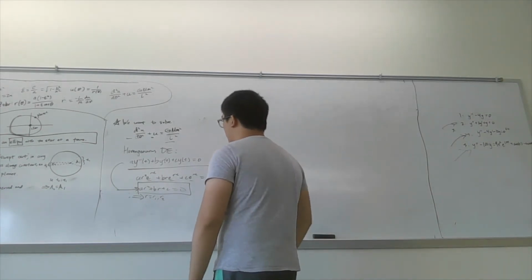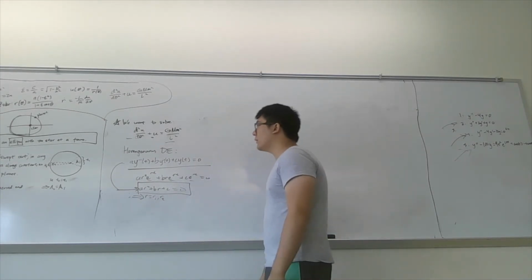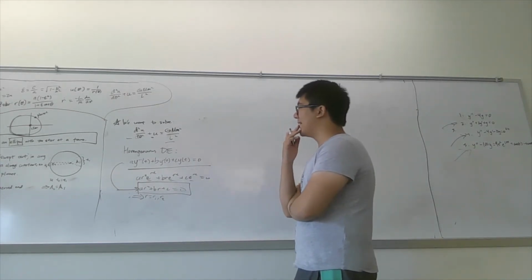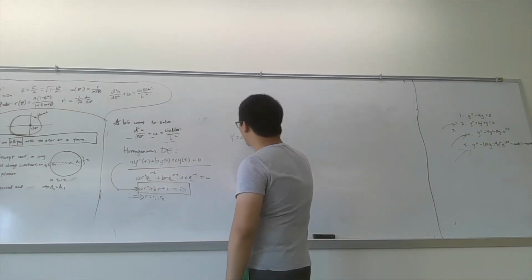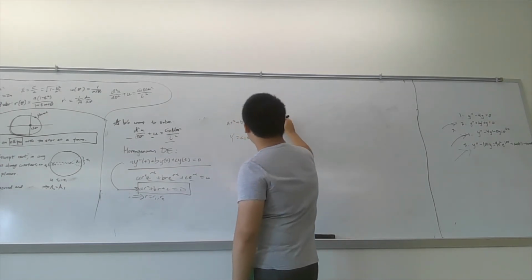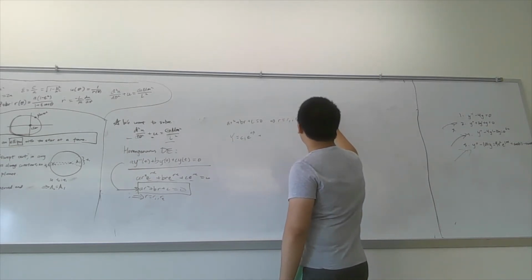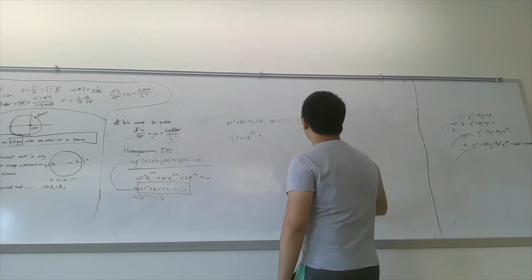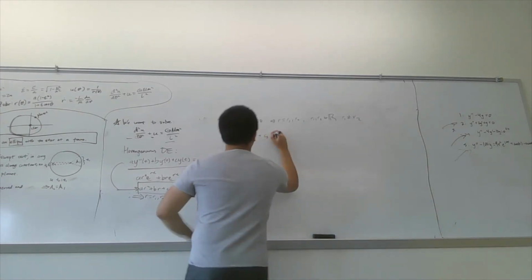This is honestly very trivial. This is just y equals c1 e^(r1 t) plus c2 e^(r2 t). This is our characteristic equation, and solving it gives r1, r2, where r1 and r2 are real numbers and r1 does not equal r2.